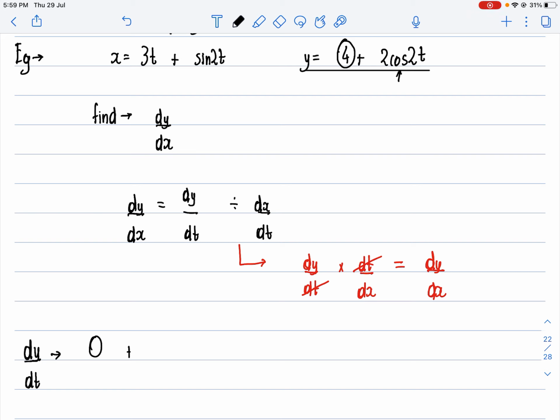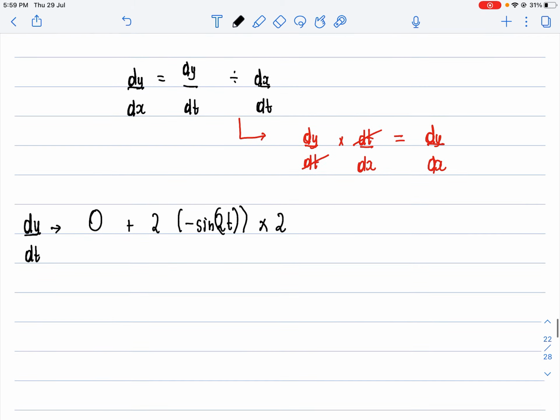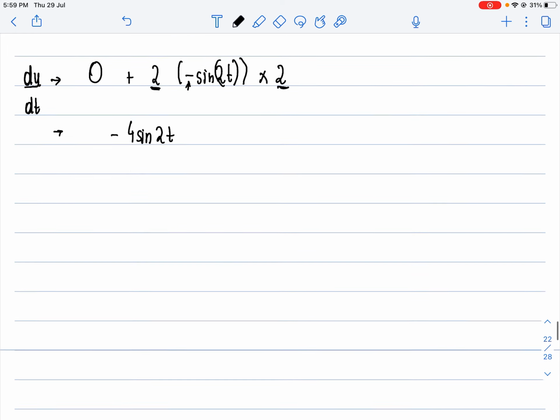So I can write this as plus 2 into minus sine 2t, multiplied by the differentiation of 2t because of the chain rule, which is 2. So 2 multiplied by 2 is 4, and with the minus sign, that gives me minus 4 sine 2t.